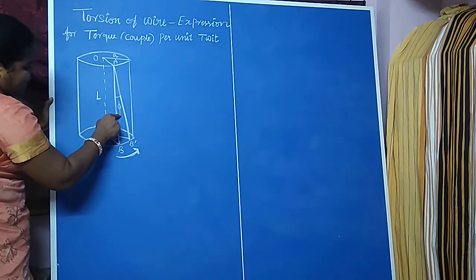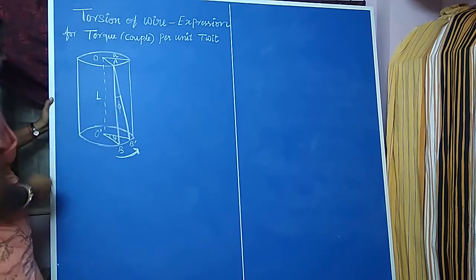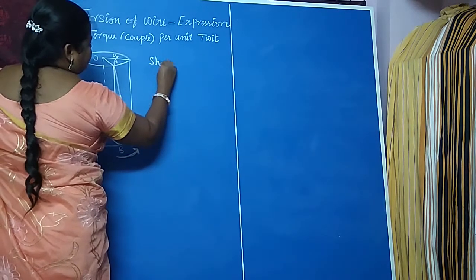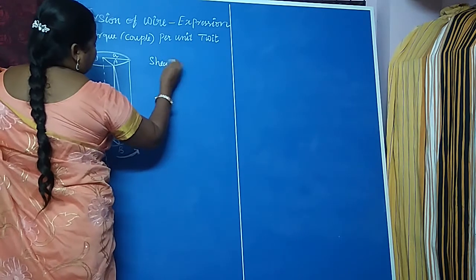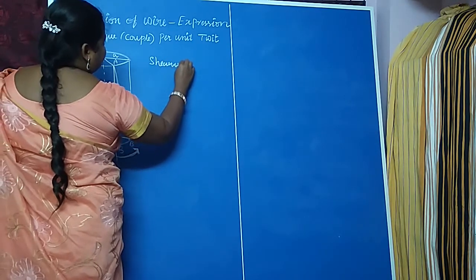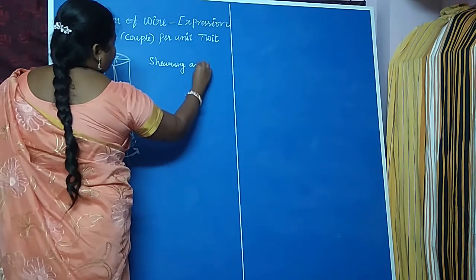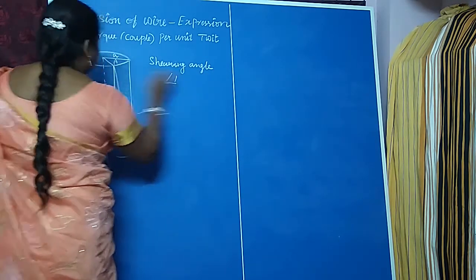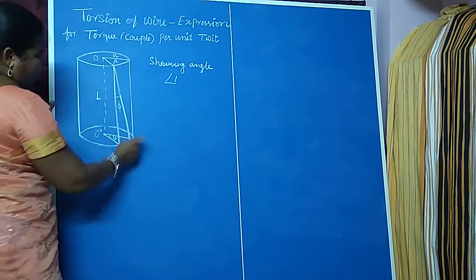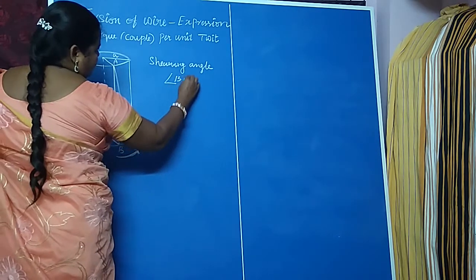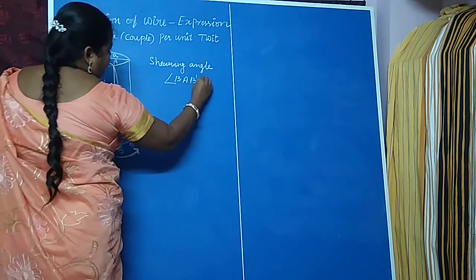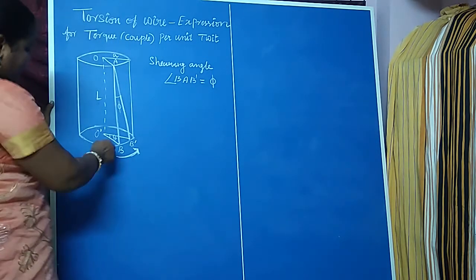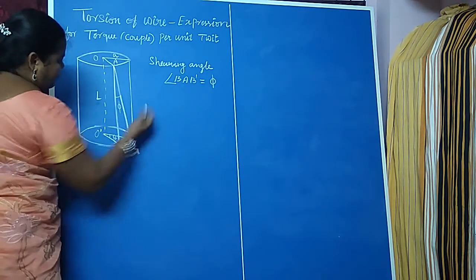Here phi is the shearing angle. The shearing angle is angle BAB dash, which is equal to phi.